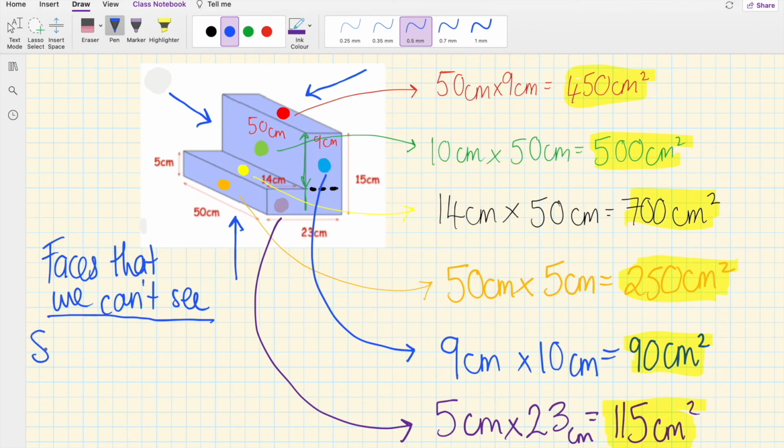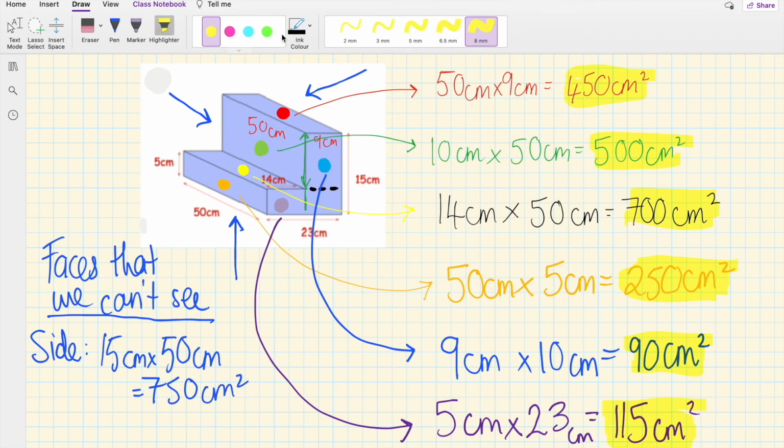So I'm going to call this the side, this arrow here. That's a big rectangle, height of 15, length of 50. And if you multiply 15 by 50, that's going to give us 750. I'm going to highlight that so I don't forget to add it.